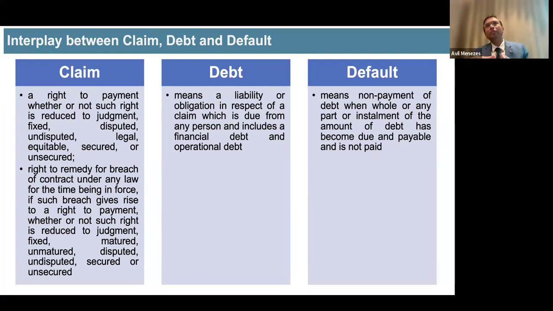And on the 90th day, if I don't pay, then on the 91st day it starts as a default. So a claim is a right to payment, a debt means an obligation which is due, and a default is money which has not come. There are also certain claims like contractual claims. We'll come to it later. I think in the later slides I'm also covering it.